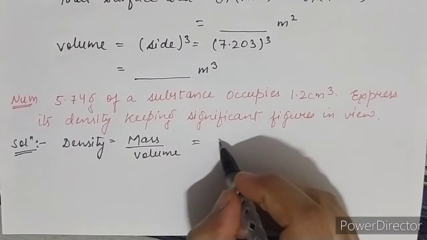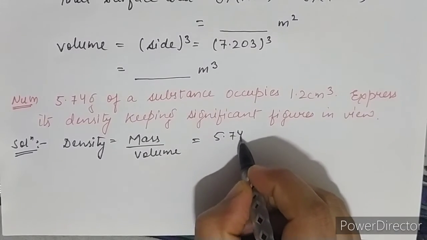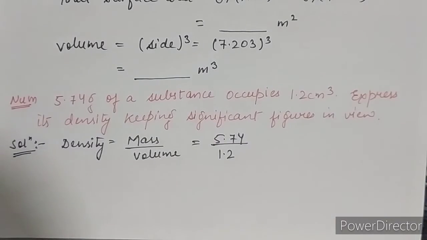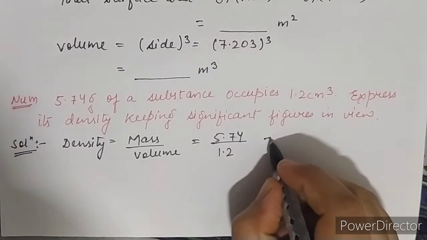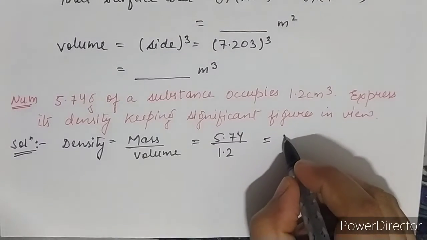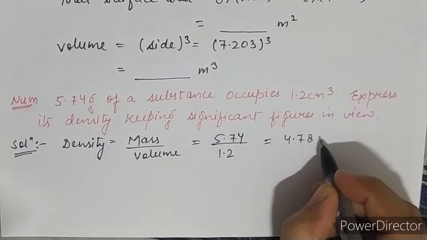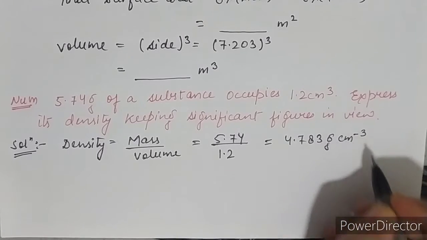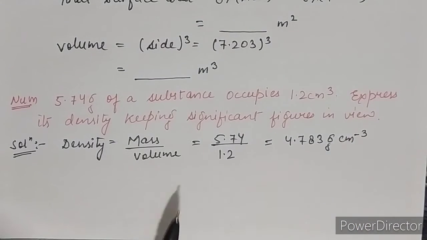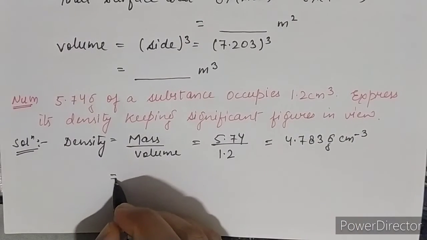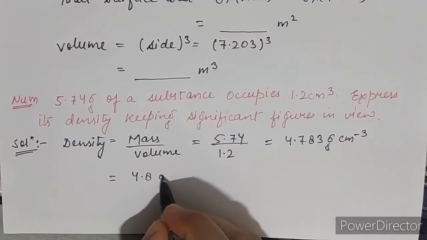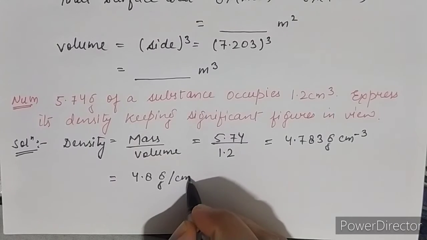So mass is 5.74 and then volume is 1.2. When you solve it, you get the value 4.783 gram per centimeter cube, and approximately, by rounding it off, you get 4.8 gram per centimeter cube.